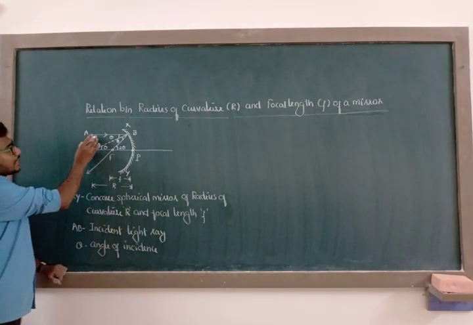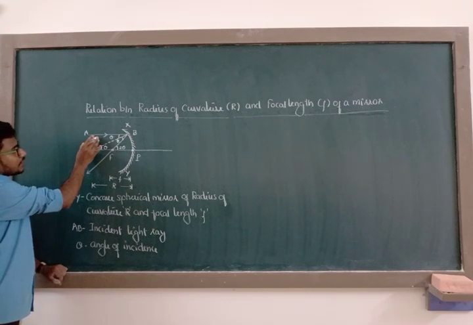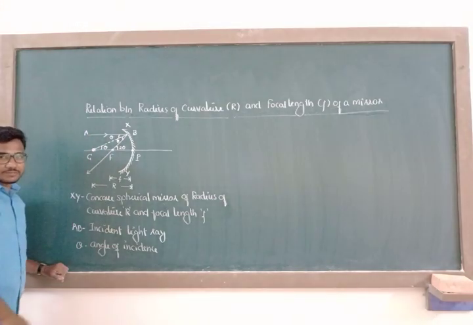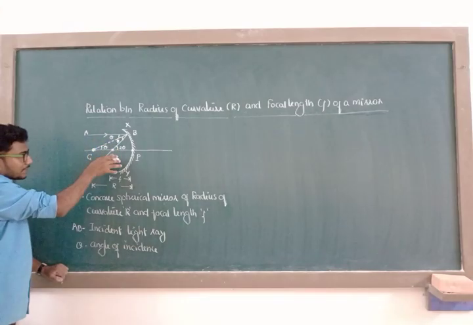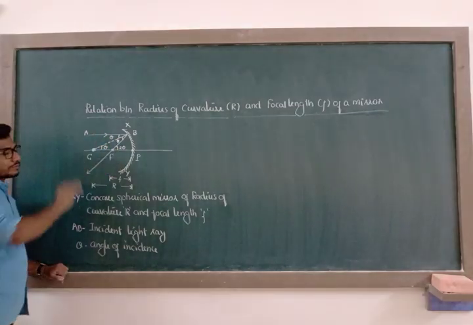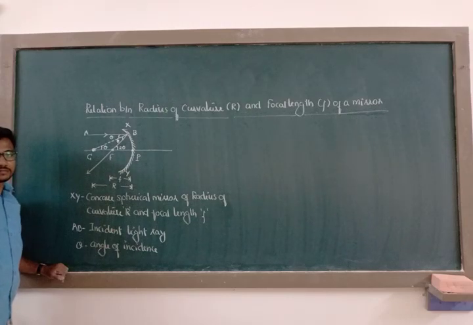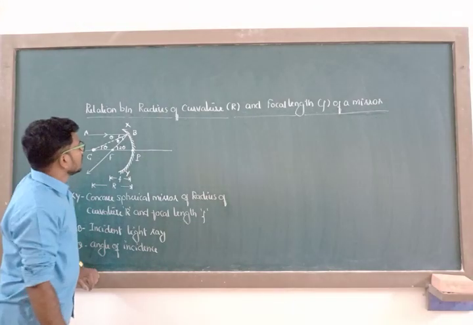For paraxial light ray, if suppose AB is close to the principal axis, AB is close to the principal axis and also parallel to the principal axis.